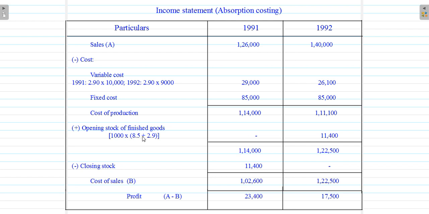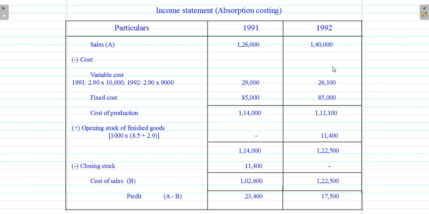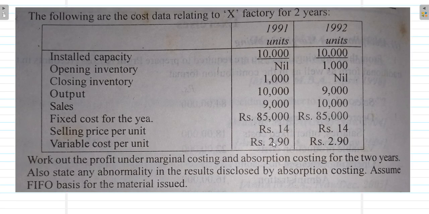Plus opening stock. Opening stock for 1991 is not given, but it is given for 92. So opening stock for 1992 is 1000 units. This 8.5 is your fixed cost divided by 10,000 units. That's how you have arrived at 8.5, plus 2.9, which is your variable cost, given in the question.